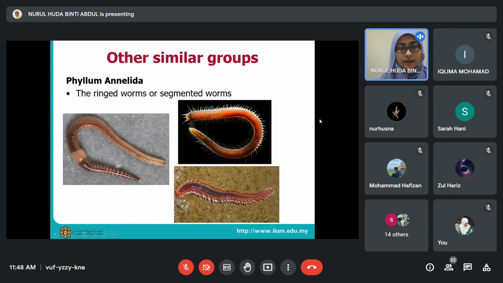And then we have phylum Annelida. Okay, this is a totally different phylum. Tadi arthropod, now Annelida. It is about ringworms or segmented worms, including the earthworm. Okay, so ni the earthworm. It is not an insect juga lah ya. But in common terms, some of us still call it a bug.